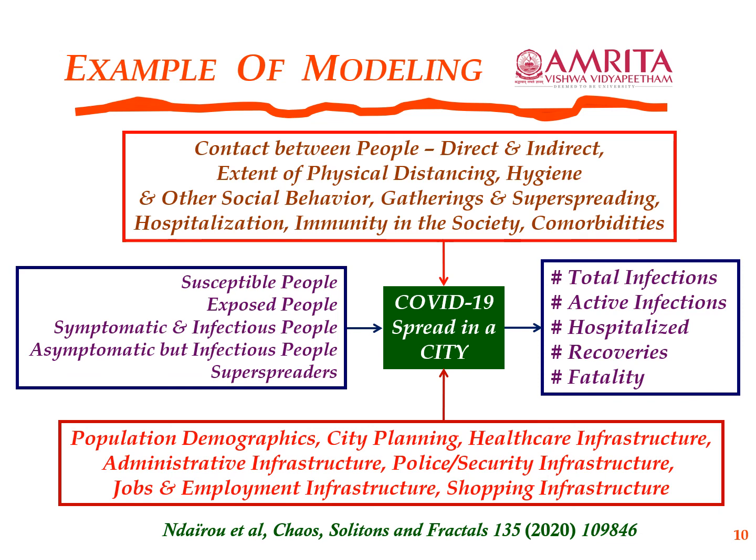How does the number of recoveries depend on the number of susceptible people, number of exposed people, number of symptomatic infectious people, and so on? How does the number of recoveries depend on population demographics, job and employment infrastructure, police security infrastructure, obviously healthcare infrastructure? How does the number of recoveries depend on the percentage hospitalization, the nature of immunities, the nature of comorbidities, and so on and so forth?